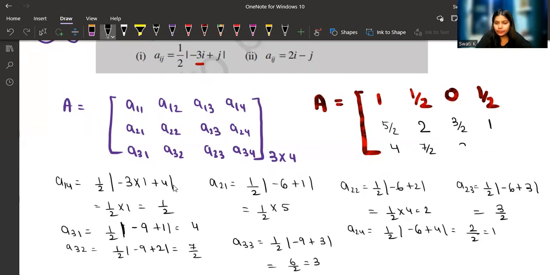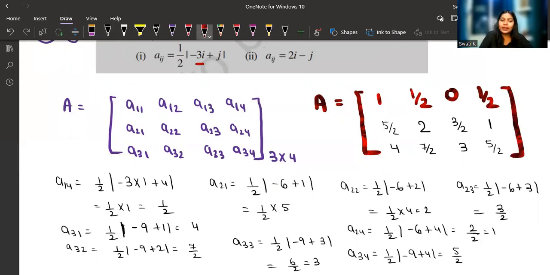So it is going to be 3 only. Next we have A34. So that means half. In modulus, we have minus 9 plus 4. Minus 9 plus 4 is minus 5, that is 5 only. So it is 5 divided by 2, and we are done with our matrix.